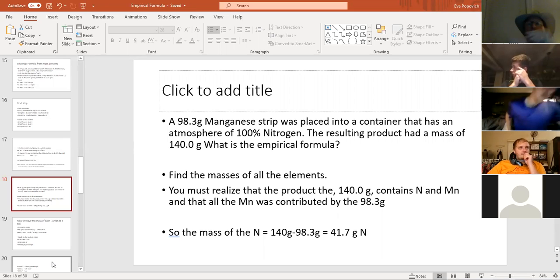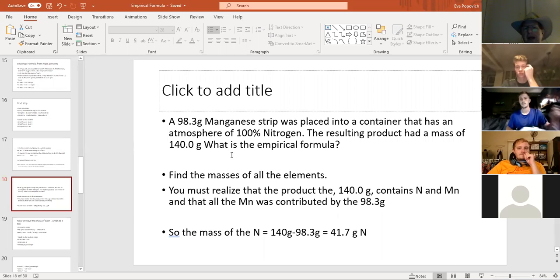Now, how much does the nitrogen weigh? You subtract 140 minus 98.3 to get how many grams of nitrogen there are. Do you all see that? The only thing I can make from this is a combination of manganese and nitrogen.